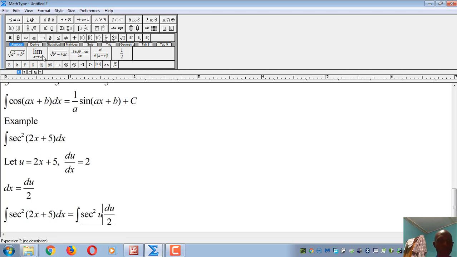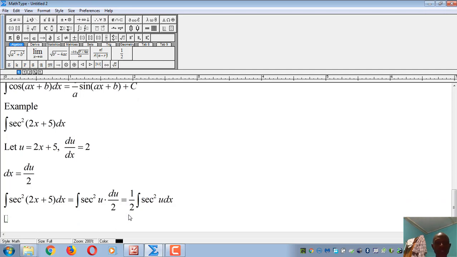So always remember that we are substituting, we are using the change of variable method. So this 1 over 2, we can bring out. So that gives us sec squared u du. It's easier to work on this now, and then we integrate.